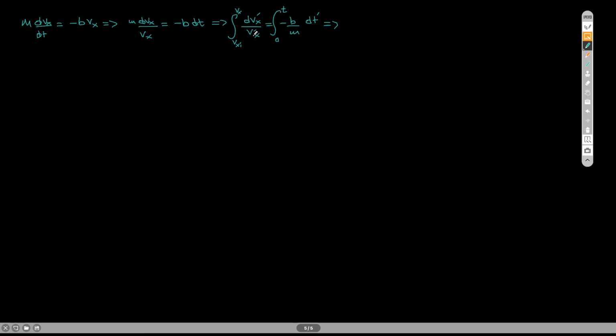Now, the integral of 1 over x is just the natural log of Vx prime, and that goes from Vx initial to Vx. And this will simply give me minus b over m t prime when that goes from 0 to t.